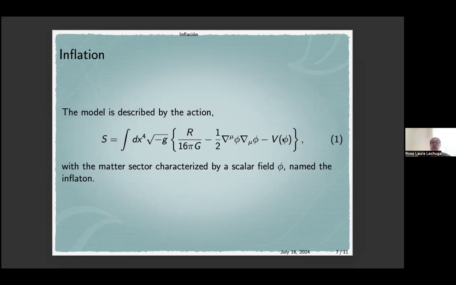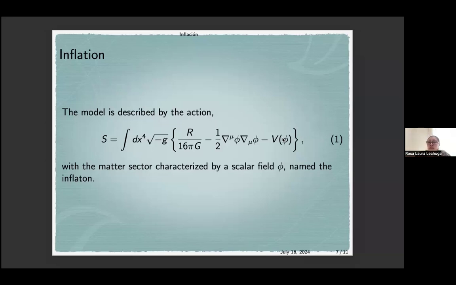Now we know that we are in expansion, but the order of the expansion is completely different to the order of the expansion in the early universe. When I talk about inflation and the accelerated expansion, it's really important to clarify this part, I'm working in the early universe. This is completely different to the expansion that we now have.